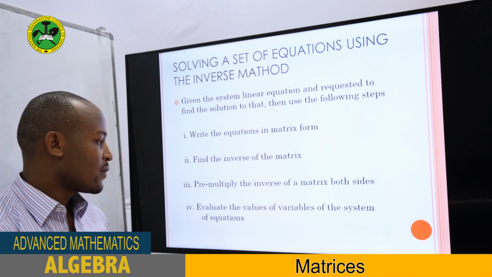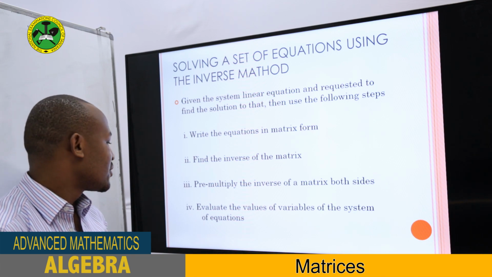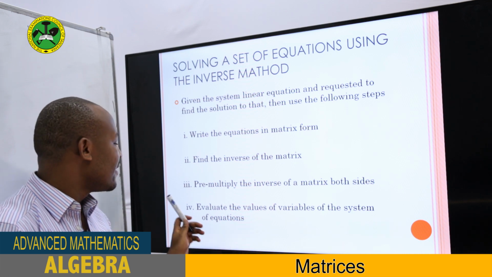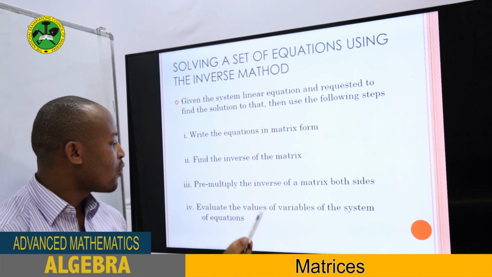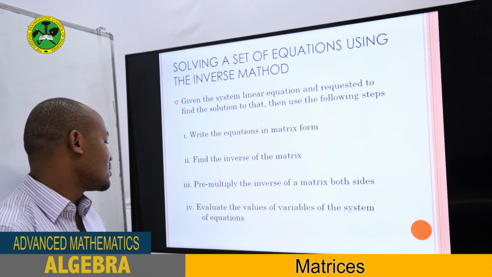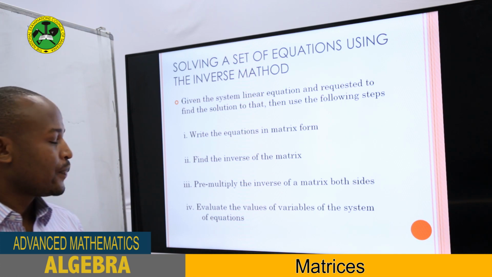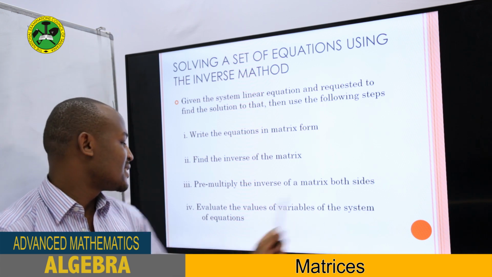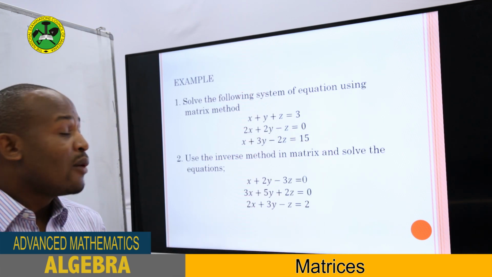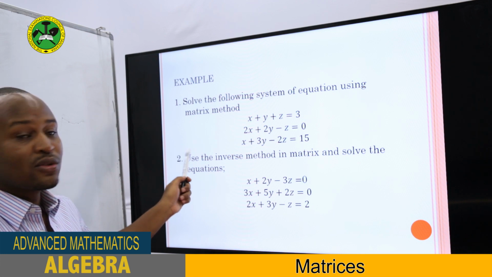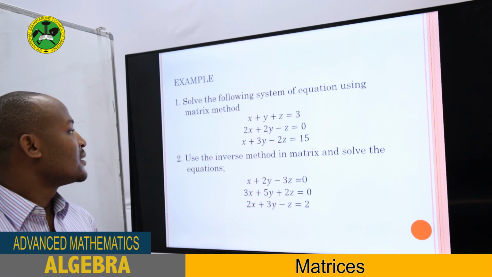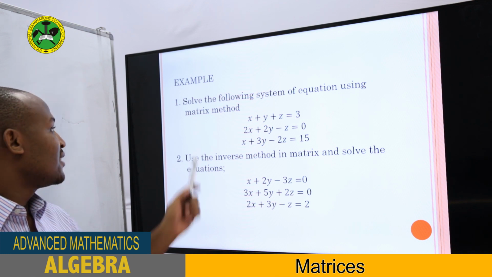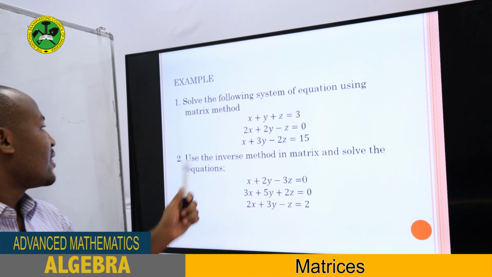We shall see how to multiply that, and then evaluate the values of the variables of the system of equations. Now, my dear student, let us solve the system of linear equations as we are given there.